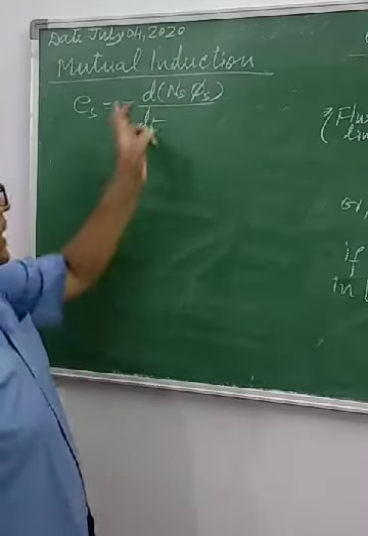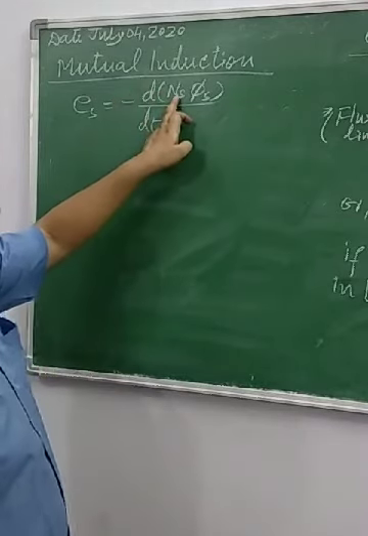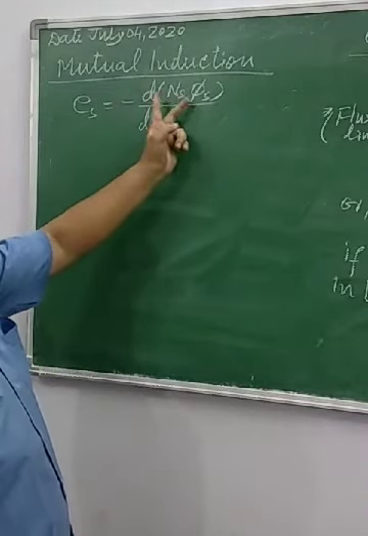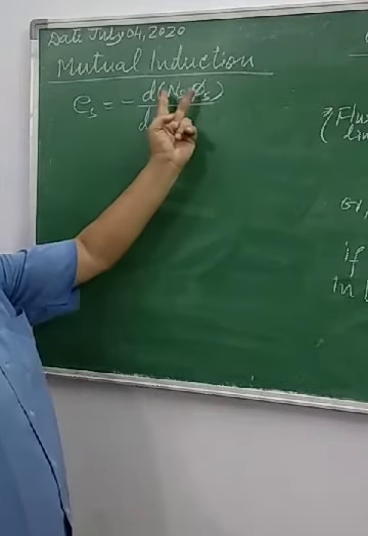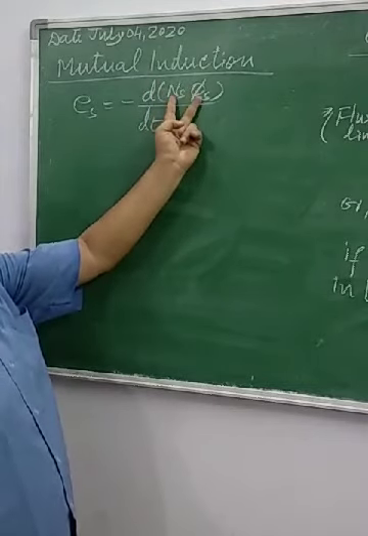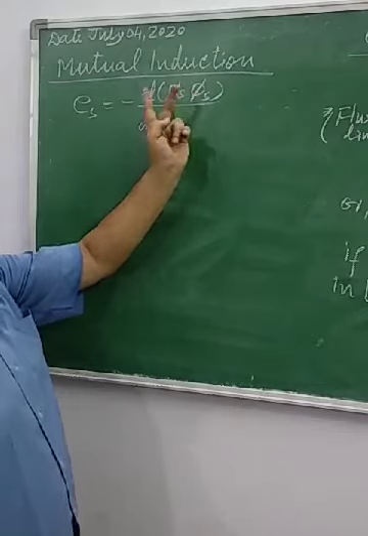So N_S is taken inside, so it is N_S phi S, and we have seen this is the total flux linkage and it is equal to M I_P.